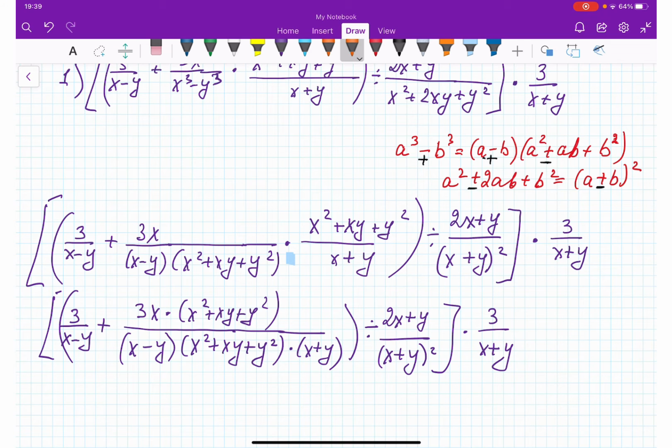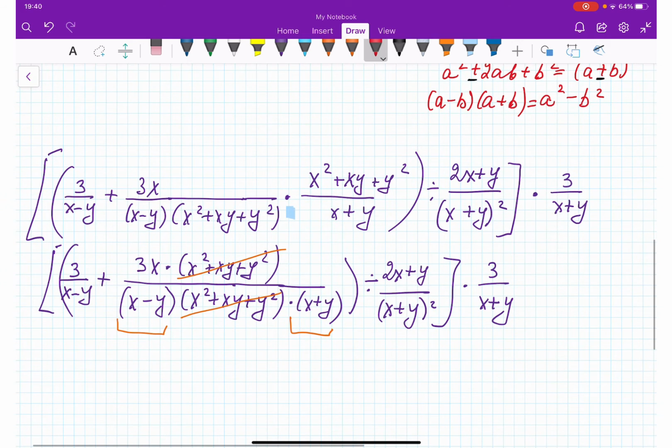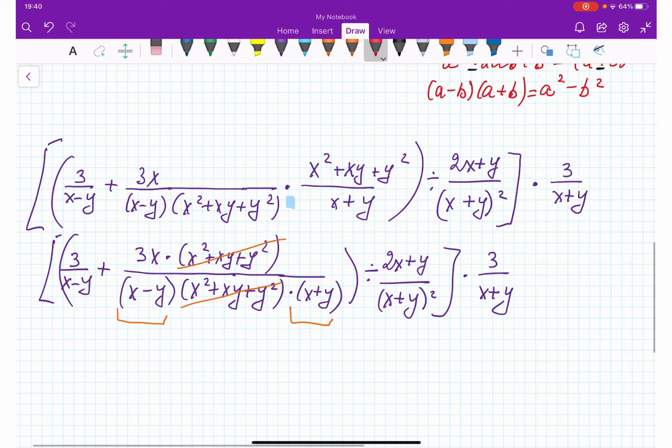What we can do here is cancel this with this, right? And then I have here x minus y times x plus y. There is another formula I'm going to use: a minus b times a plus b is equal to a squared minus b squared. Okay, and this is x minus y, x plus y.